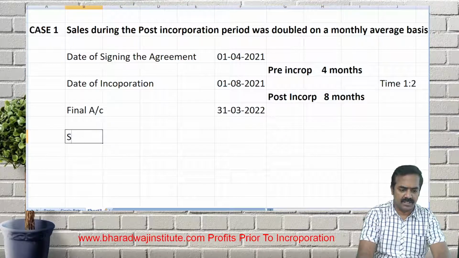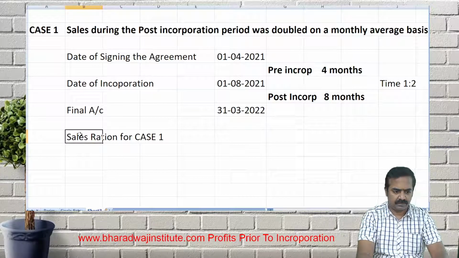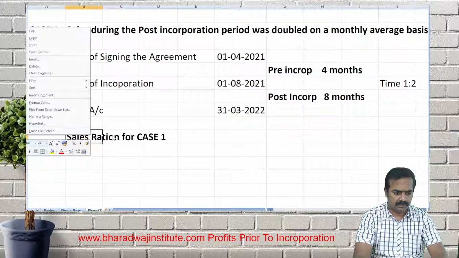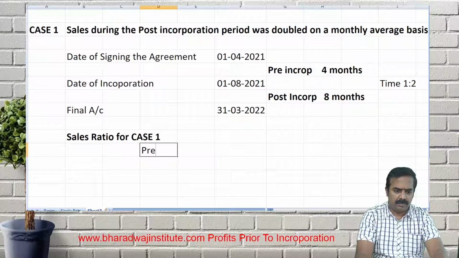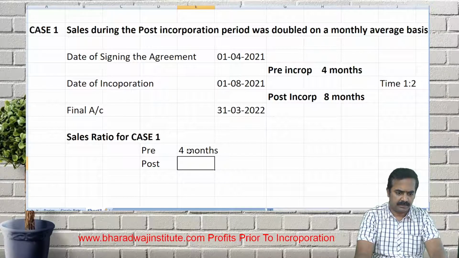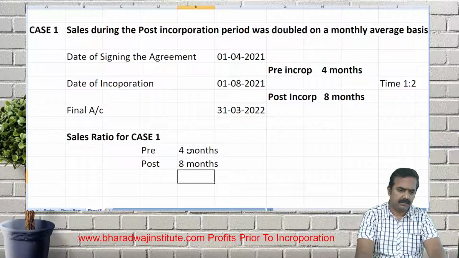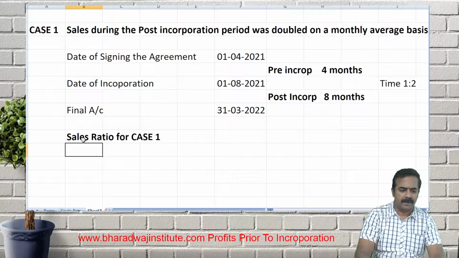The question is, what is the sales ratio for case 1? Pre-incorporation and post-incorporation months are 4 and 8. That we already worked out, the time ratio. Work out the sales ratio.